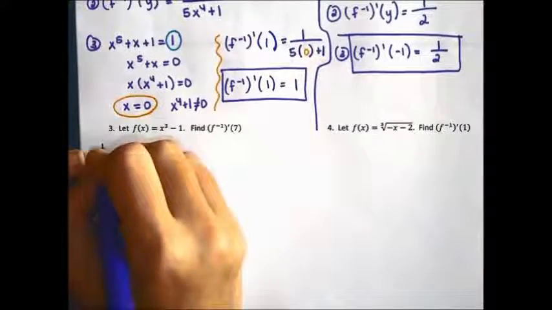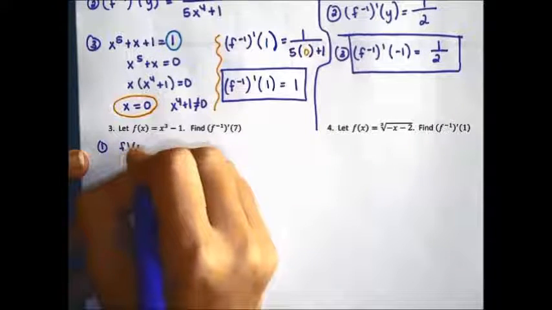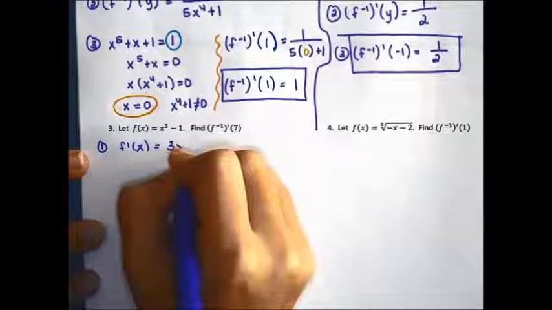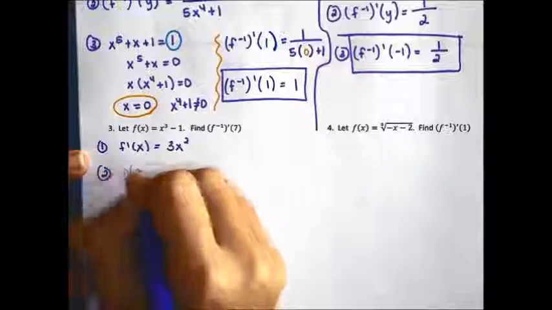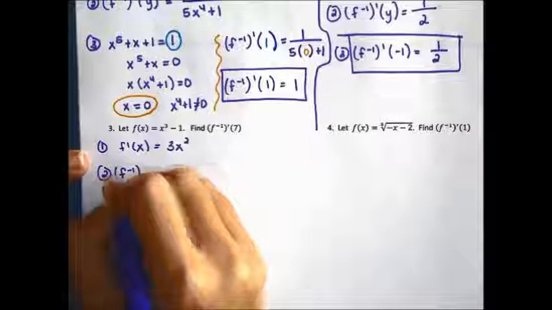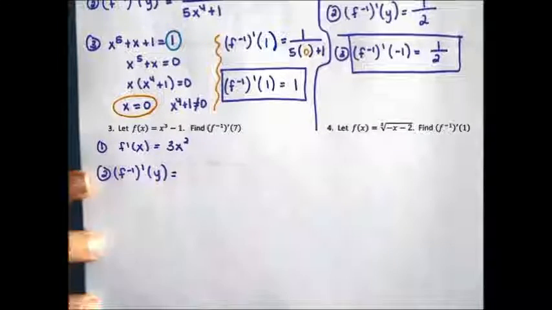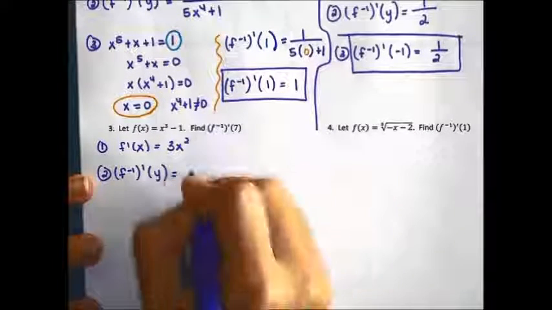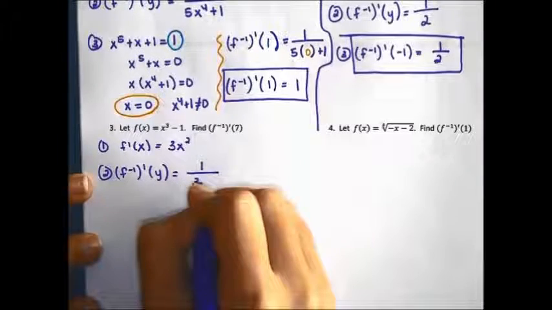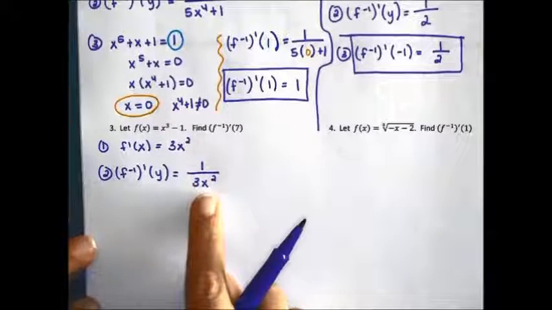Let's try it again. First, we would find the derivative of the original. Then we would say the inverse function's derivative at the y value, because inverses take in y's, would be 1 over 3x squared, where this has an x.